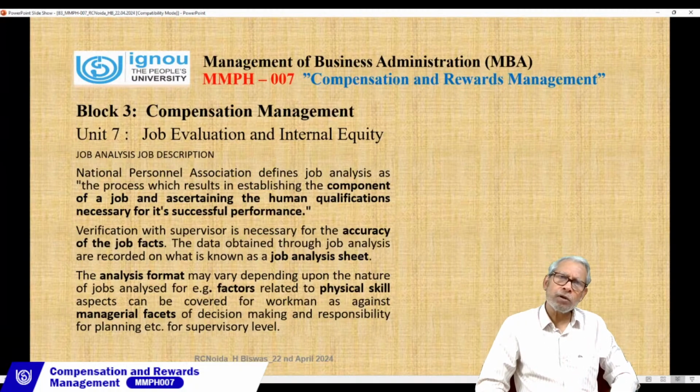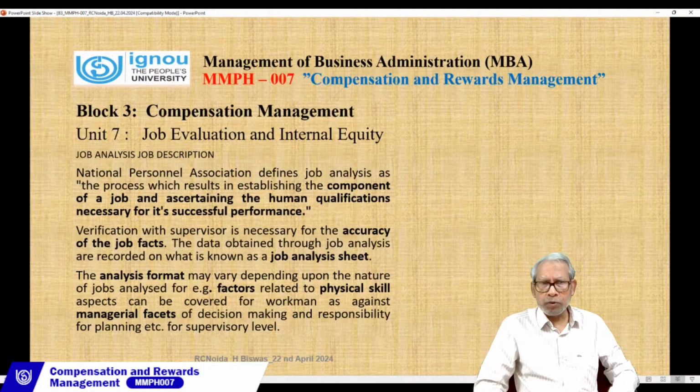I'm just giving an example of manpower data from the HR point of view. There are so many other aspects for job analysis sheets. In marketing, maybe the field or customer viewpoint is to be taken care of. A lot of things. Some special analysis format will be there, depending on the nature of the job, or other factors related to physical skills and managerial skills; everything is to be recorded.